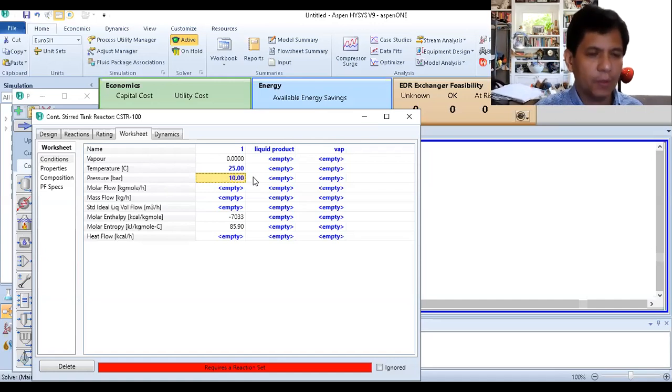Ang kanyang molar flow ay 1 kg mole per hour. Nag-converge na siya. So I think yung sa reactor din, 10 bar din yung pressure, both sa liquid at saka sa product.